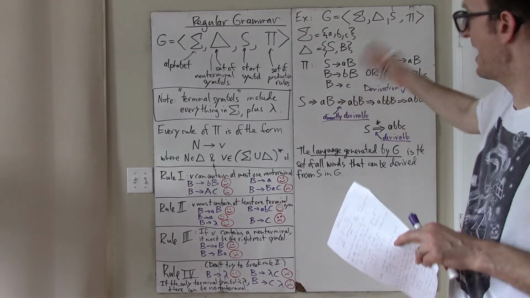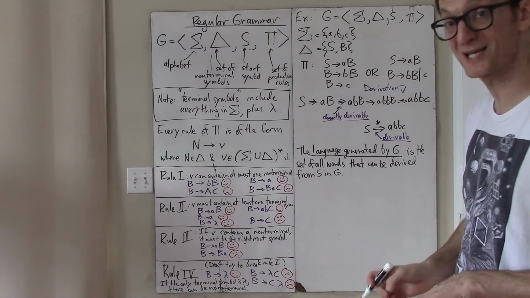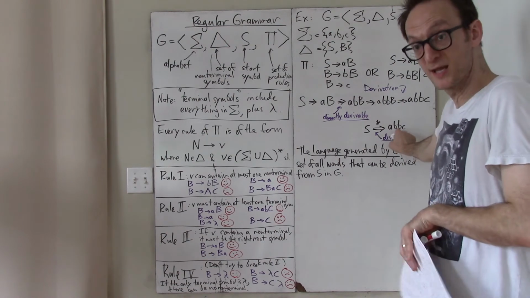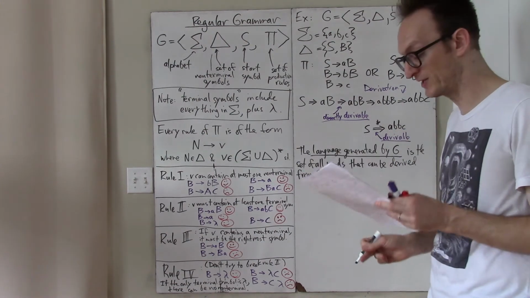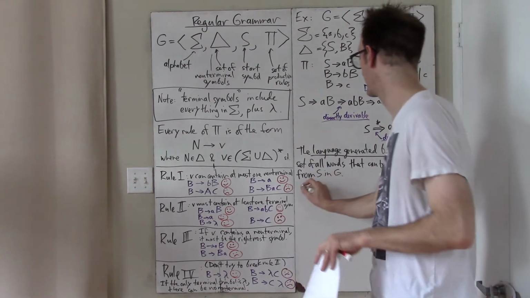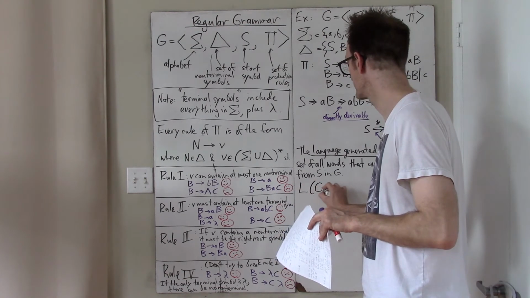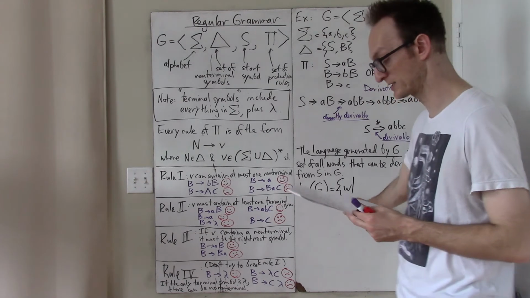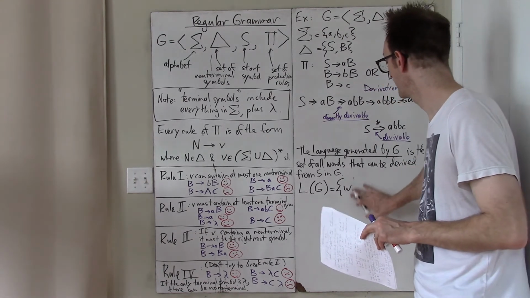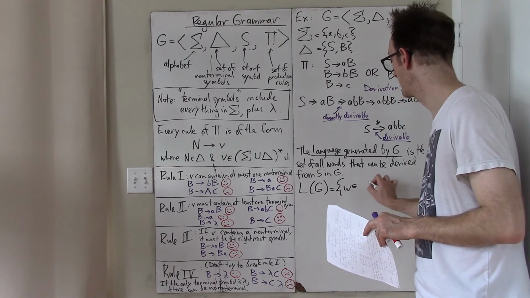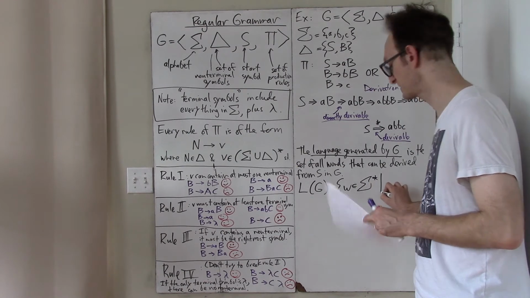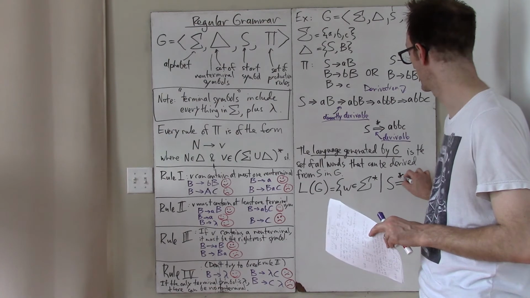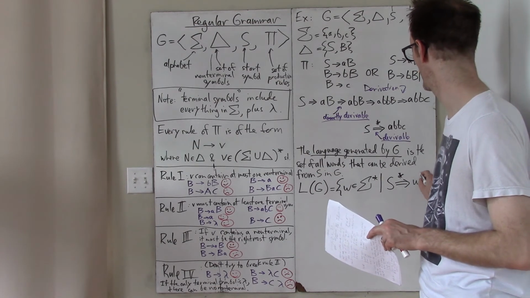Start with S and follow all possible rules, and what you will get is a set of strings. This set will surely be an infinite set, and that we call the language. So the language of some grammar is simply the set of all strings w drawn from sigma star such that there exists a derivation from the start symbol to that string.